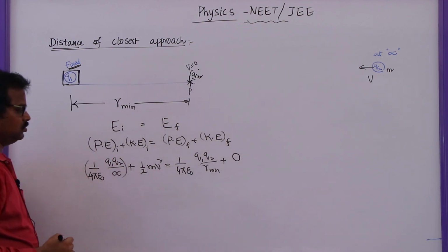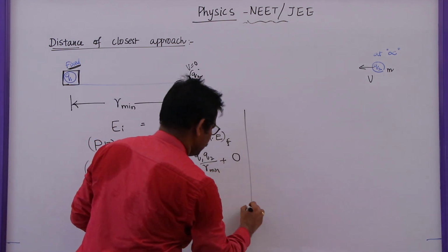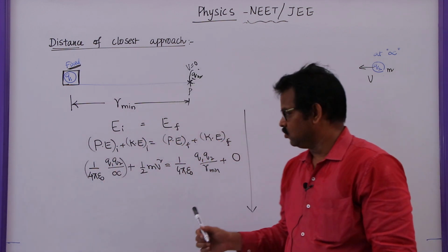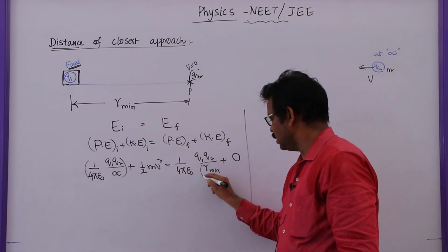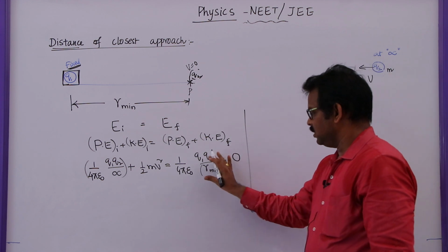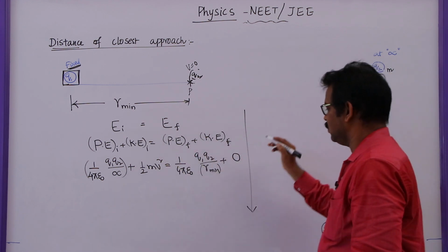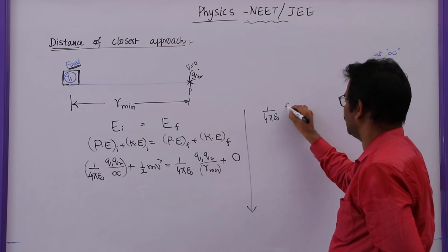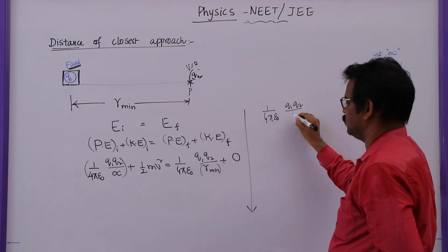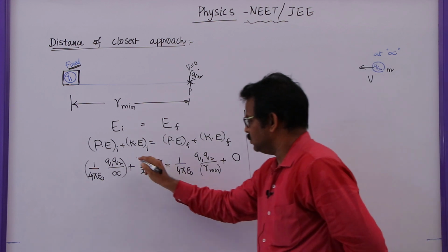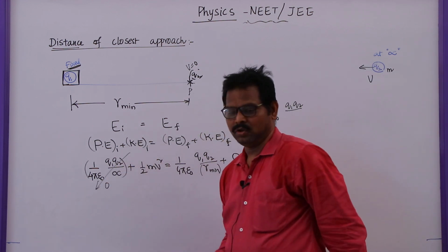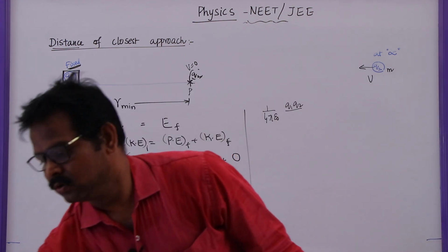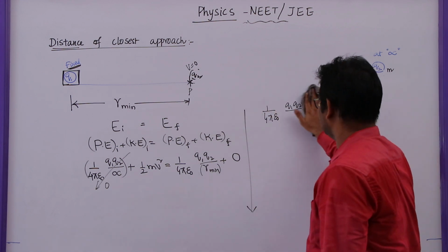So kinetic energy will be 0. So based on this one, we need to find out this r minimum here. So bring this term to that side, and it will become 1 by 4 pi epsilon naught q1 q2 by infinity. This value will become 0. So no need to write it here, we can directly take it as 0.